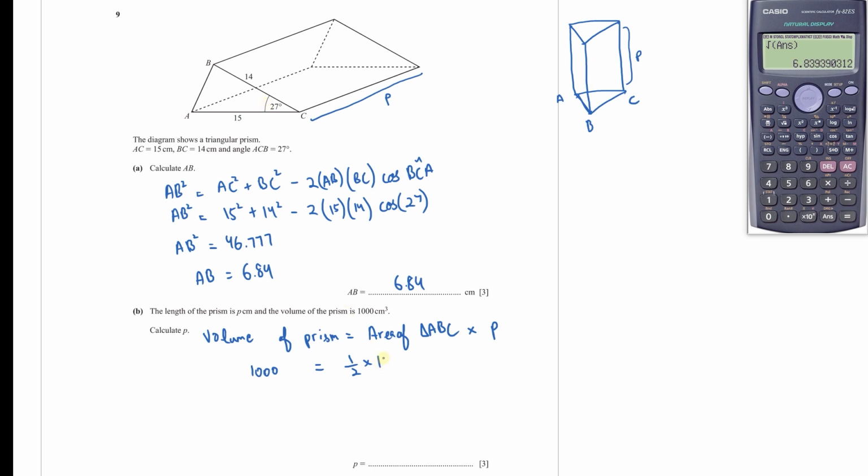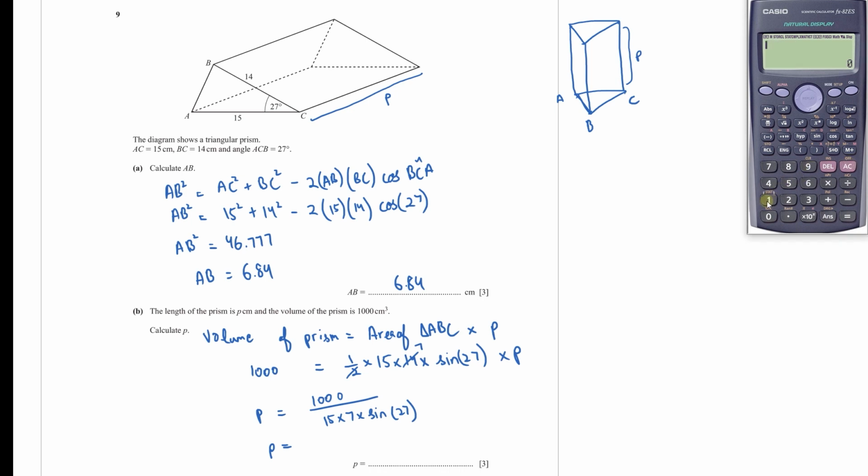So 1 by 2 into 15 into 14 into sine of 27 times P. So this 2 and this 14 will cancel. So 2 times 7 is 14. So P will be, I will take everything to the other side except P. So all of these will go in the denominator of 1000. So 1000 divided by 15 into 7 into sine of 27 degrees. So this will give you the value of P.